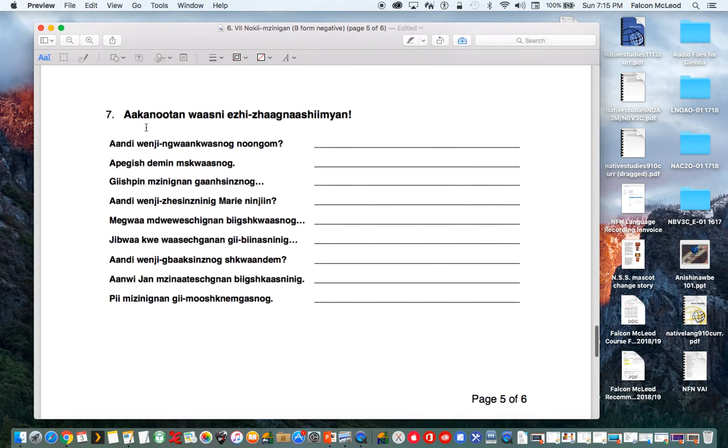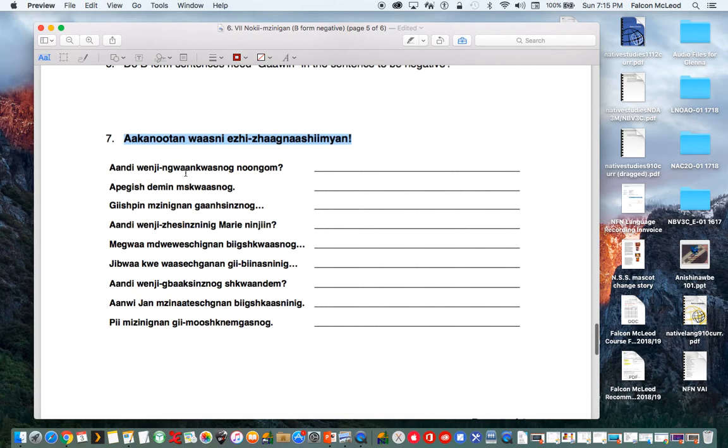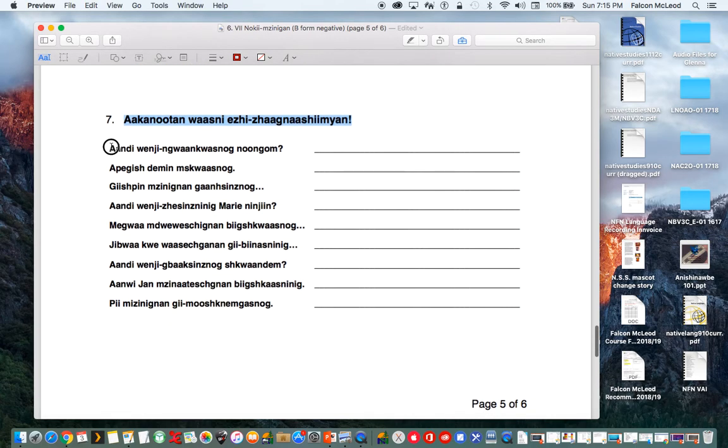All right. So question 7, translate these into English. So we have ondowenje ngwan kwa snug nungum. So we know we got a Bform grammar pattern here, ondowenje. We got a Bform negative suffix here, snug.